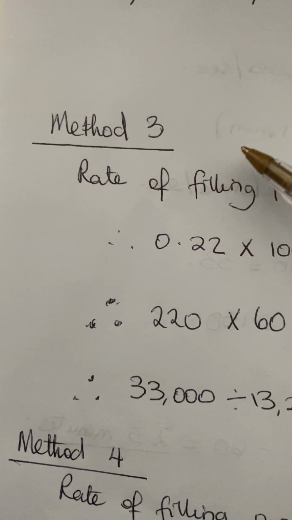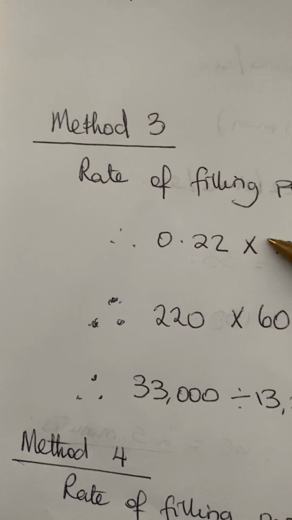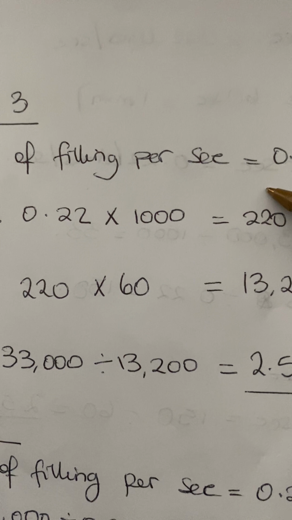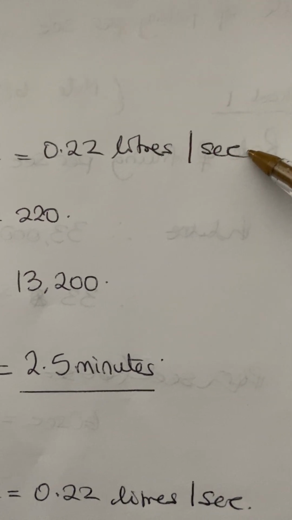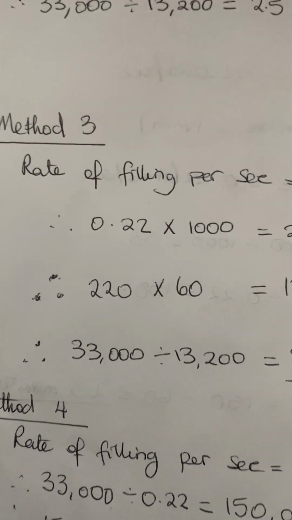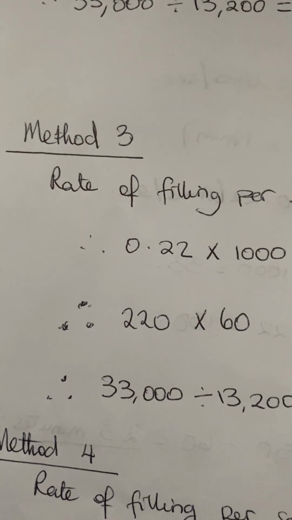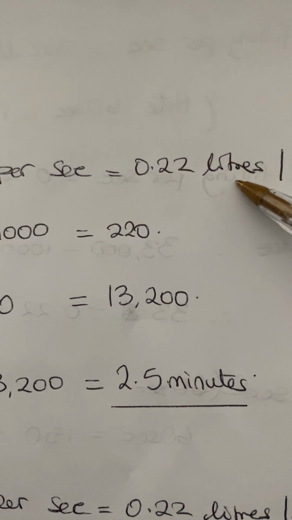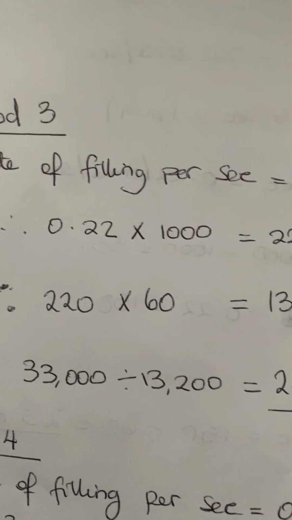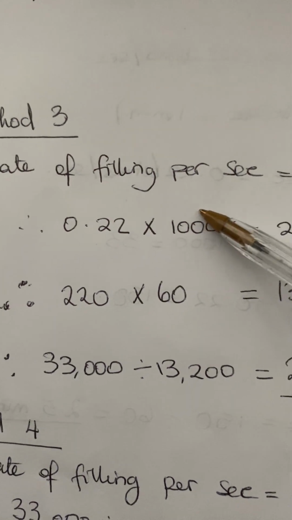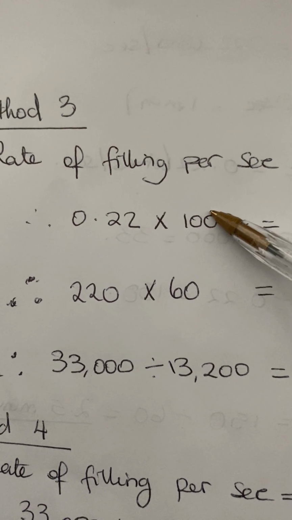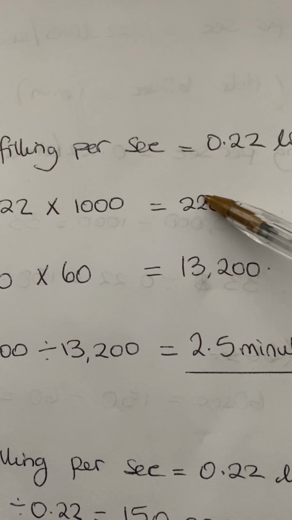Now the third method. The rate of filling is 0.22 liters per second, so we've established that. 0.22 liters per second means each second you fill 0.22 times 1,000, which is 220.